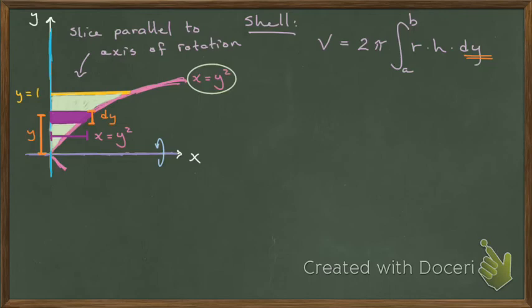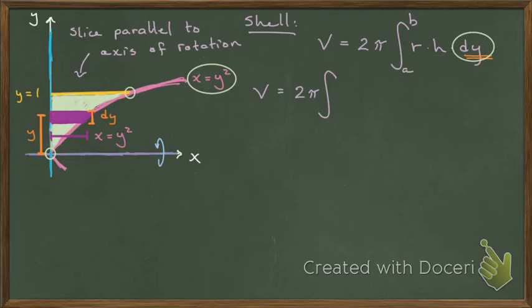Okay, so I've got the setup of my shell method here. So my volume is 2 pi integral. I still need these two intersection points, but these are going to be y values now. I'm integrating with respect to y. The only confusing part is that they're going to be kind of the same values, right?